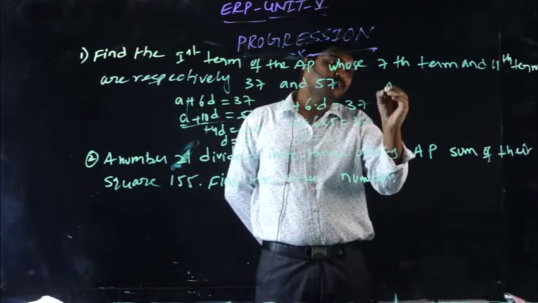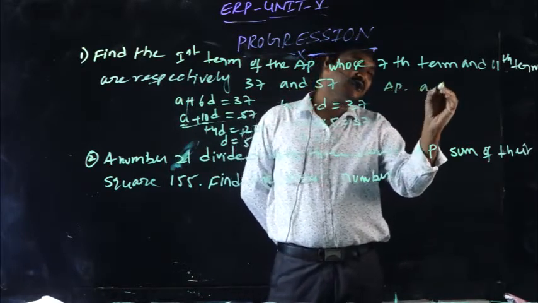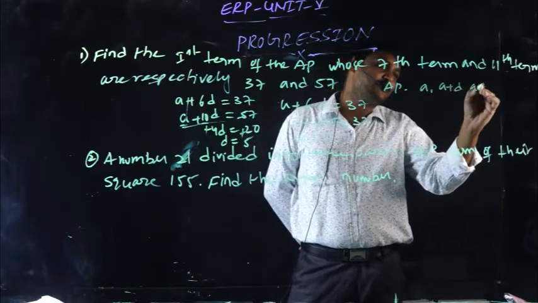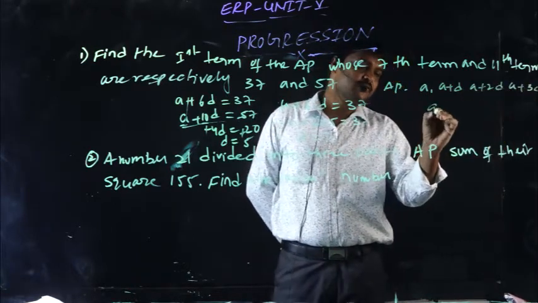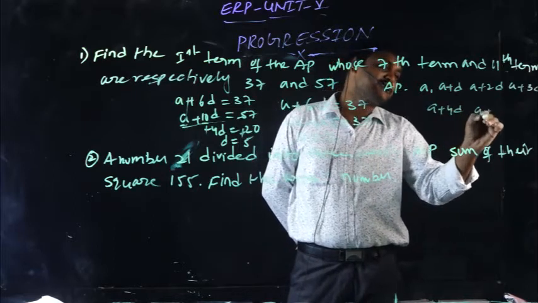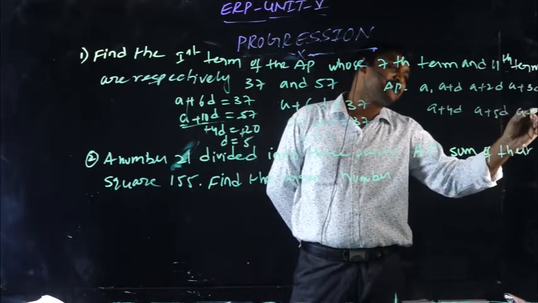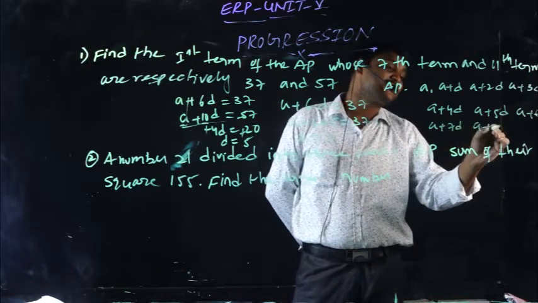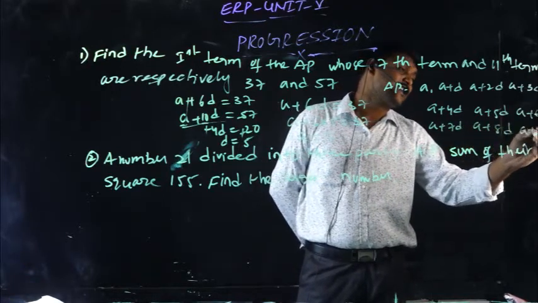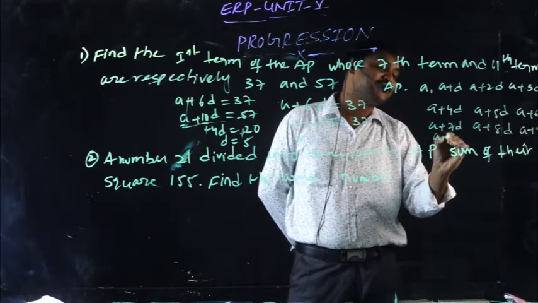In an arithmetic progression: a, a plus d, a plus 2d, a plus 3d, a plus 4d, a plus 5d, a plus 6d, a plus 7d, a plus 8d, a plus 9d, a plus 10d.